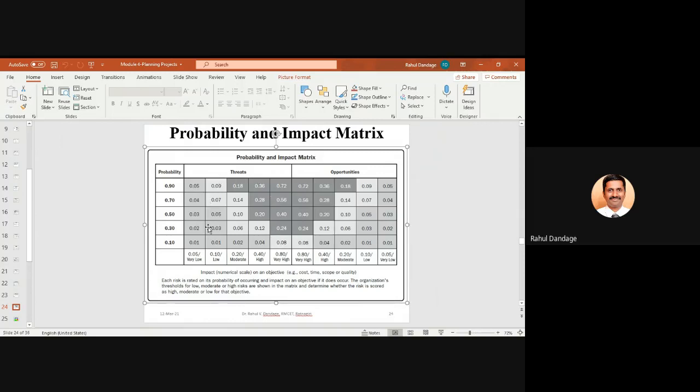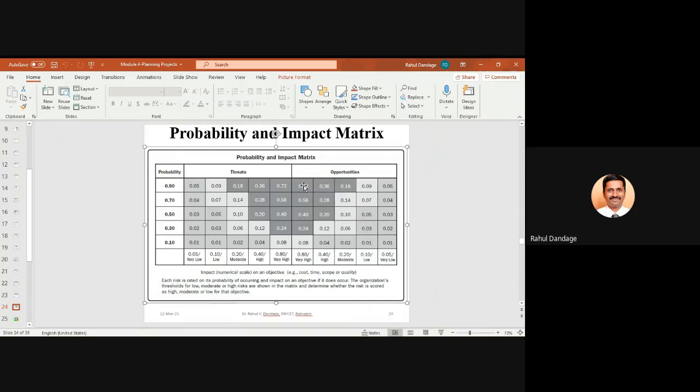So this is all about when we consider that these are the threats, these are the negative risks. If you go on the other side, if the risks are positive, in the form of certain opportunities, then the risks which have high probability and high impact should be given priority. In the earlier case, priority should be given to minimize their effect and their chances of occurrence.